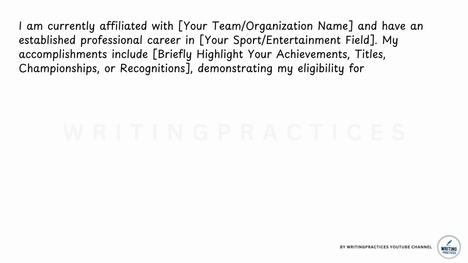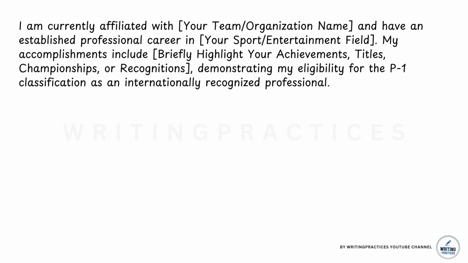My accomplishments include briefly highlight your achievements, titles, championships, or recognitions, demonstrating my eligibility for the P-1 classification as an internationally recognized professional. Mentioning achievements such as championship titles, prestigious awards, or significant performances strengthens your case. The goal is to prove that you meet the requirements for the P-1 visa, which is granted to individuals with a distinguished reputation in their field.